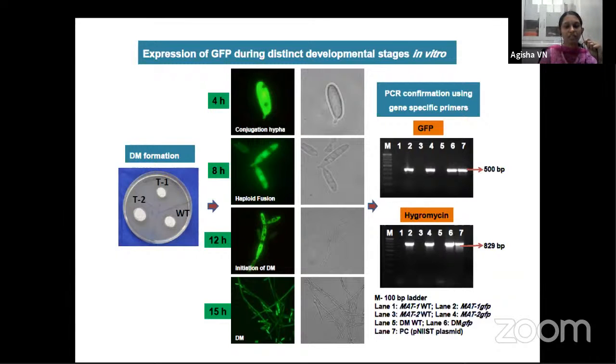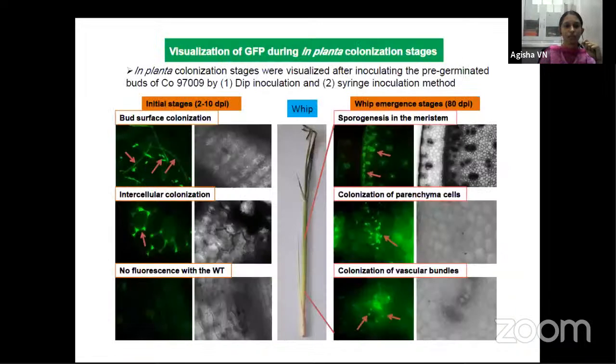The timings of the key events in the distinct developmental stages in vitro were analyzed: conjugation hyphae were observed after 4 hours, followed by haploid fusion at 8 hours, initiation of dikaryotic mycelia after 12 hours, and mycelial clumps after 15 hours. Further, the GFP tagged haploid sporidia were confirmed by PCR using gene-specific primers for GFP and hygromycin.